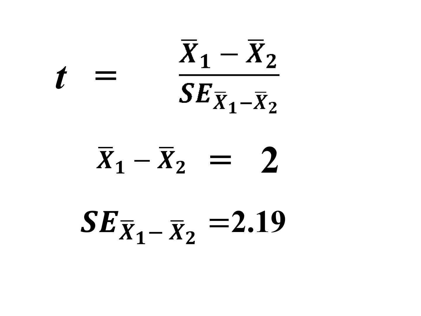I told you that the standard error is equal to 2.19. So what is the value of t? Go ahead and take a couple of seconds, pause the video, and get the value of t using the formula above. t is equal to the observed difference between means divided by the standard error. So it's 2 divided by 2.19, which gave us an answer of 0.91.